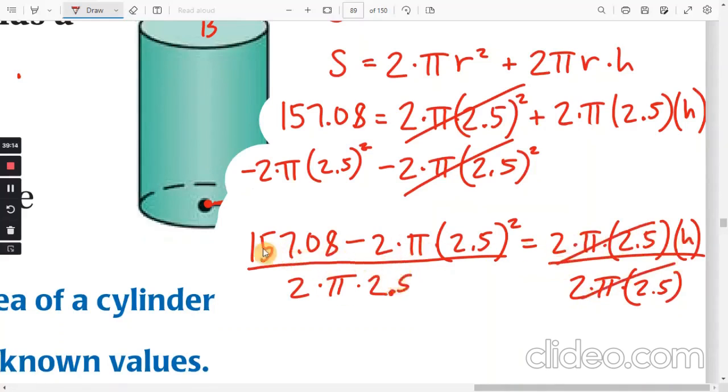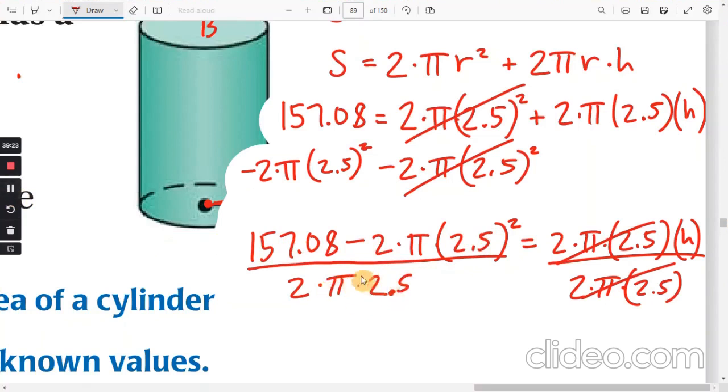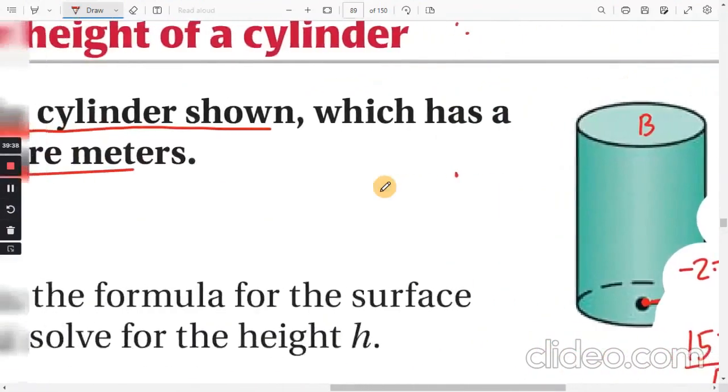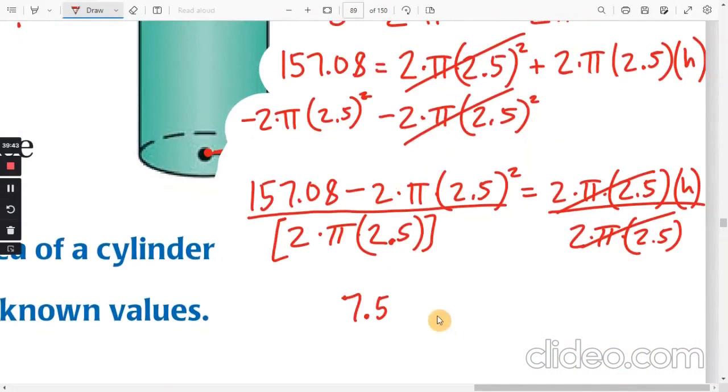I'll do the numerator first, hit equals, and then divide by 2 times pi times 2.5. This whole thing needs to be in parentheses. And I get 7.5. Okay, and the units were in square meters, so the units on the height are just in meters.